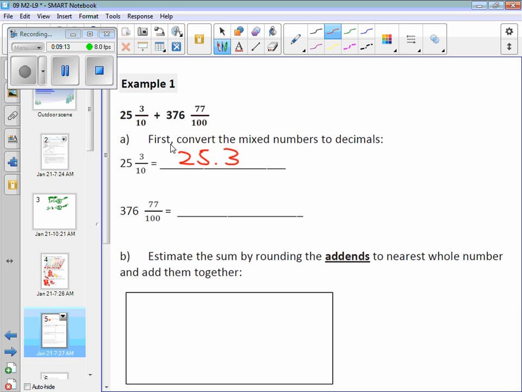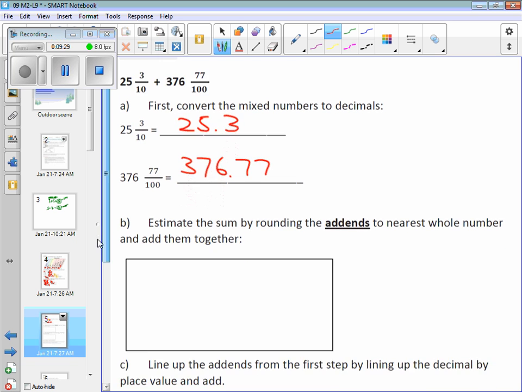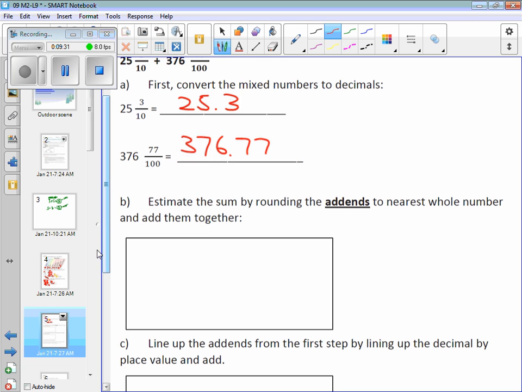Okay, what about the second one? When I ask you to give it to me as a decimal, say point something, just so I know how to write it. 0.77. Okay. Next thing we're going to do is round the addends to the nearest whole number.